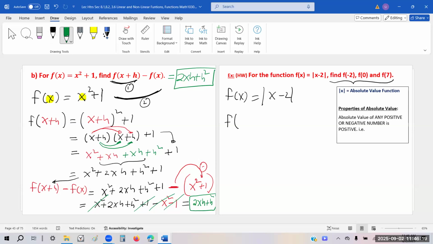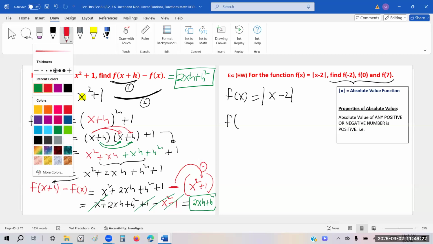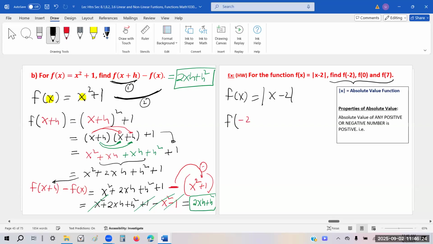What is f of -2? What is f of 0? And what is f of 7? Now, you remember your absolute value, right? What do you observe about the y values?